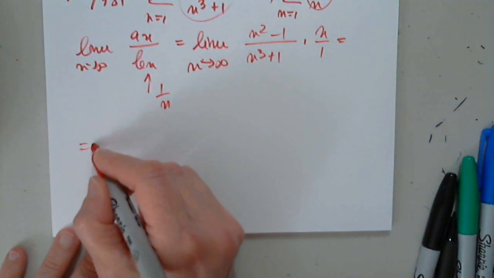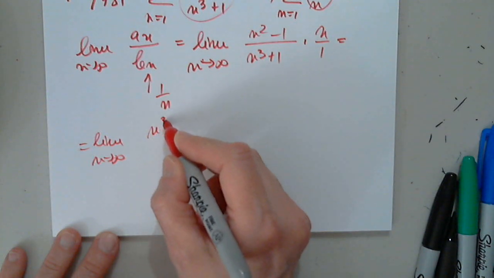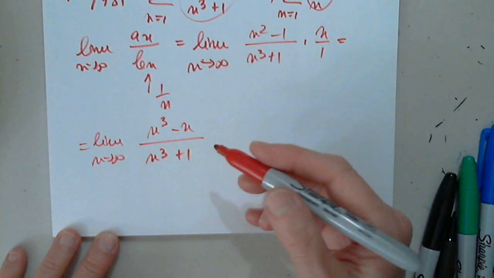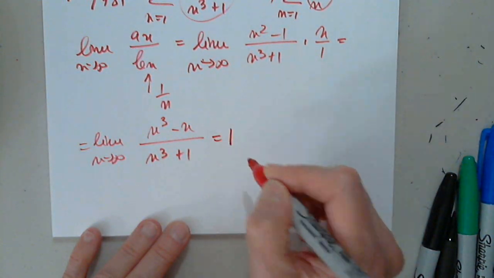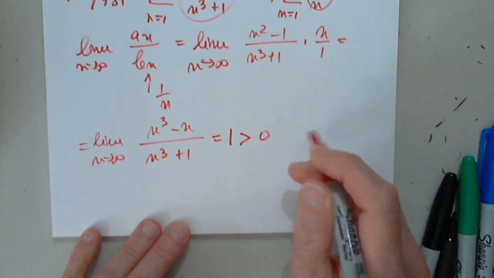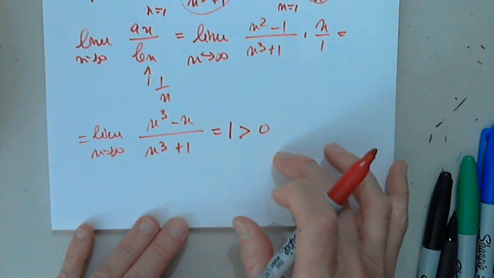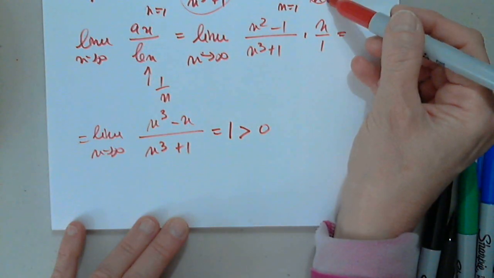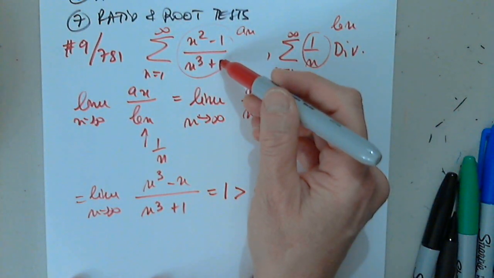So this limit, as n approaches infinity, of n cubed minus n divided by n cubed plus 1. We know either L'Hopital's rule or factor out, and we get the answer to be 1. Remember, as long as this is a constant, it exists and it's greater than 0, then since this series b sub n is divergent, so will this be.